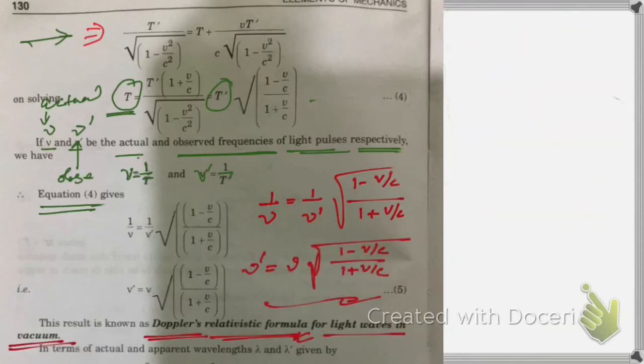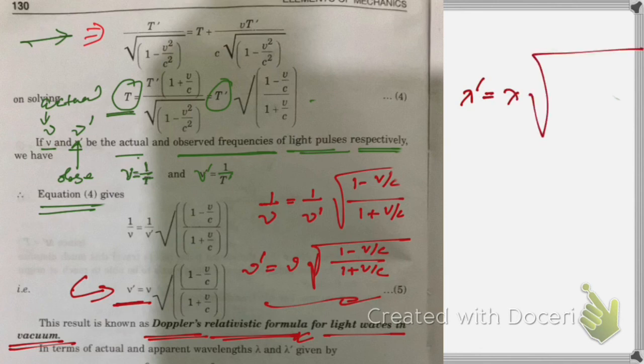As you can see, I have written this relativistic Doppler formula in terms of frequencies. It can be written in terms of wavelength also. That is lambda dash is equal to lambda root over 1 plus v by c divided by 1 minus v by c. That's what you will get, right?